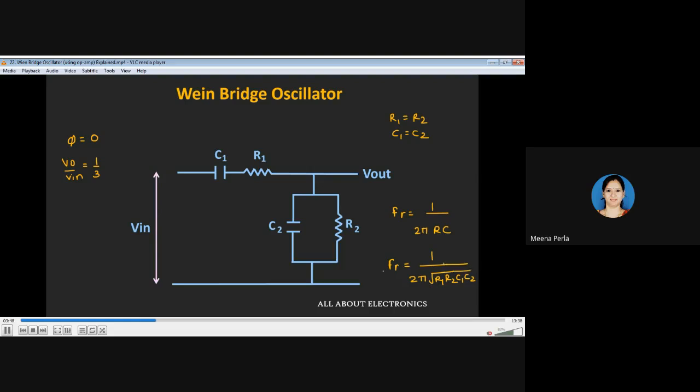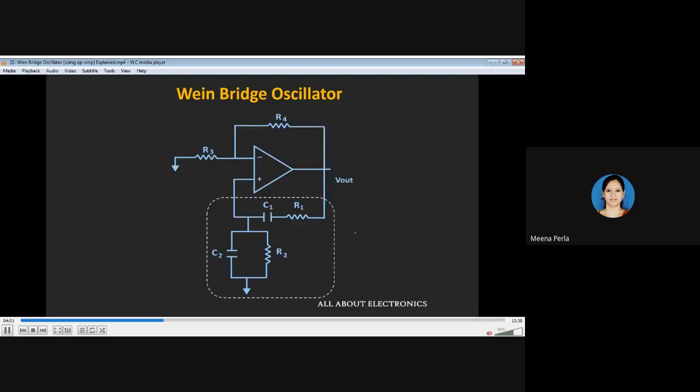So this is the resonant frequency for the Wien bridge oscillator. Here the ratio of output by input is also known as the feedback fraction. So here we have feedback fraction beta equal to 1 by 3.